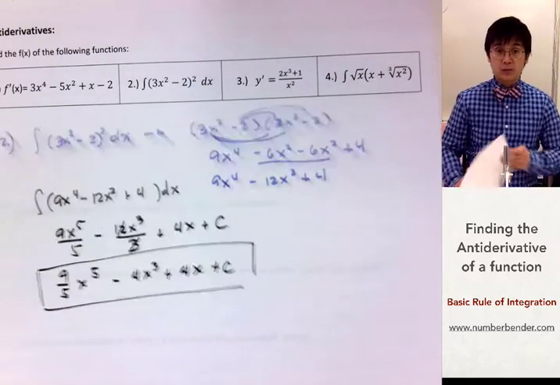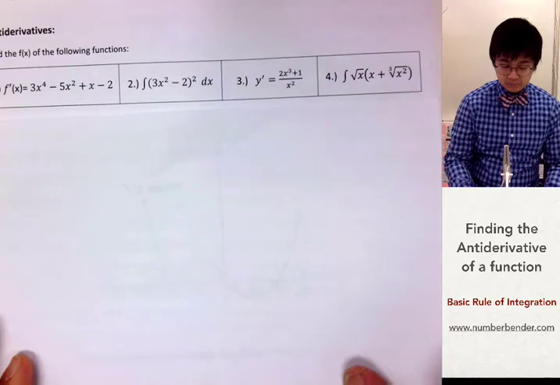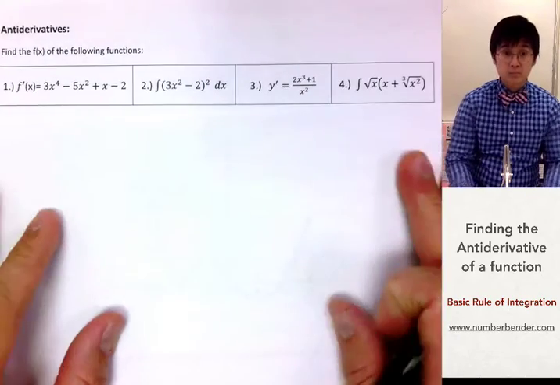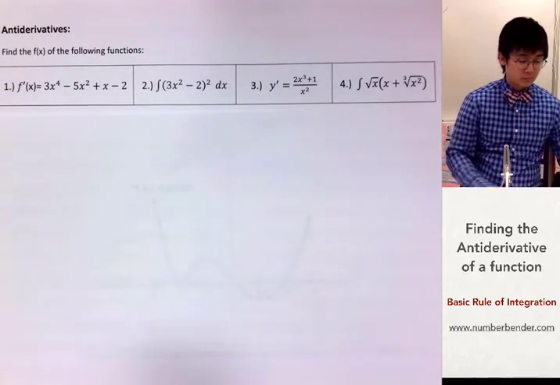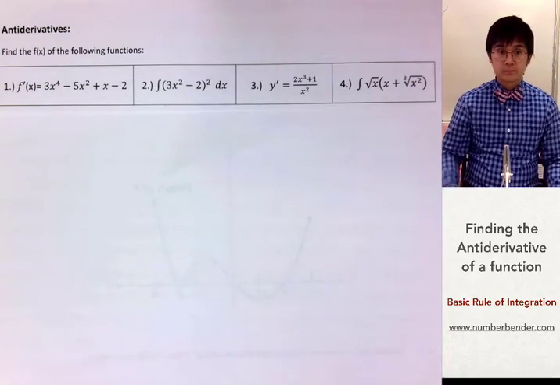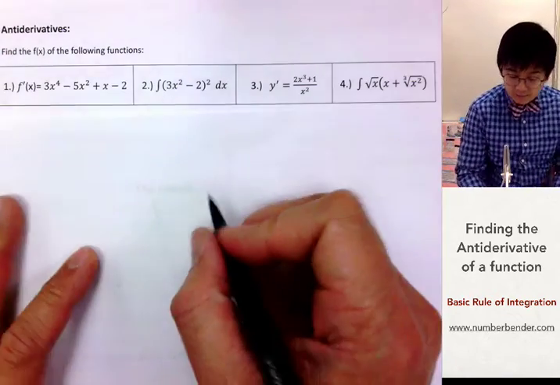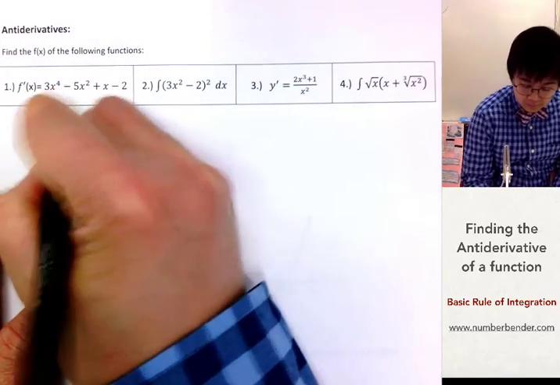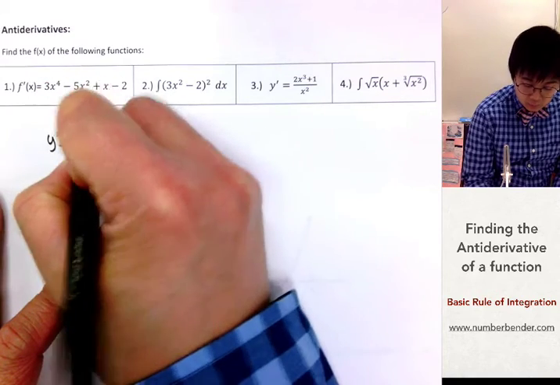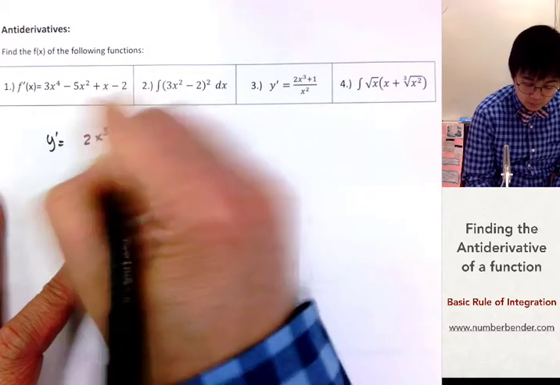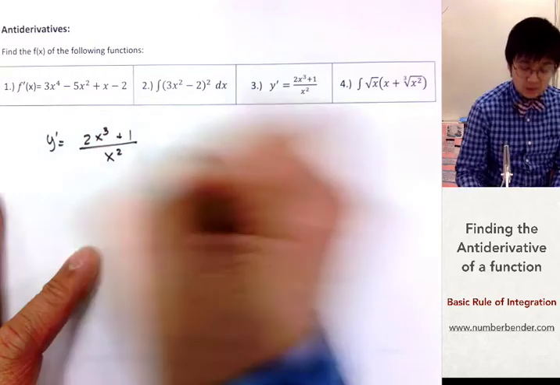Now for problem number 3, we'll have y prime equal to (2x cubed plus 1) all over x squared.